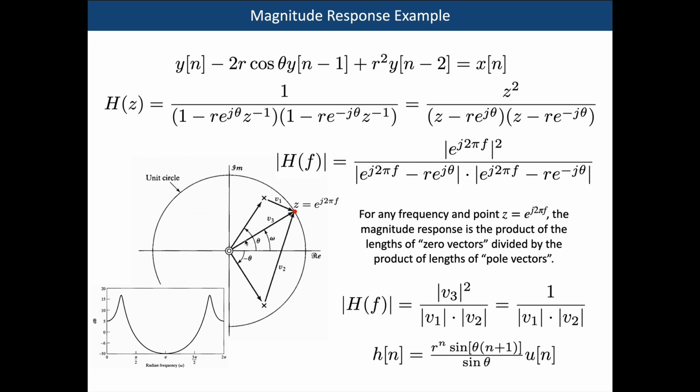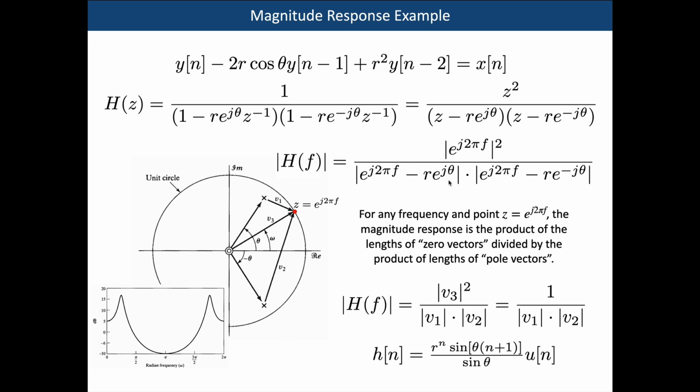And this vector v3 points from the origin out to the point in question. And notice that there are 2 zeros at the origin because we have a z squared, and then we have a pair of complex conjugate poles. So this is the pole zero plot for this system. Here are my complex conjugate poles, and my zeros are here at the origin, represented by 2 circles.